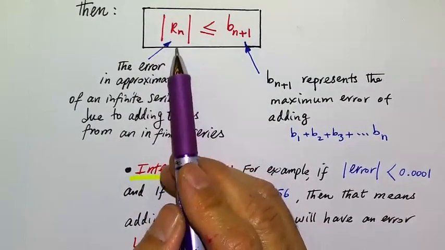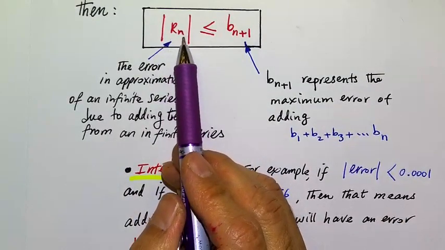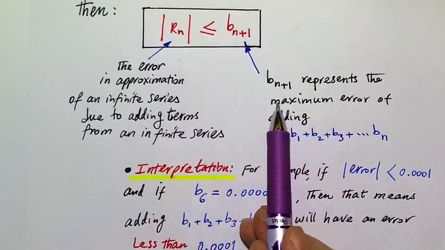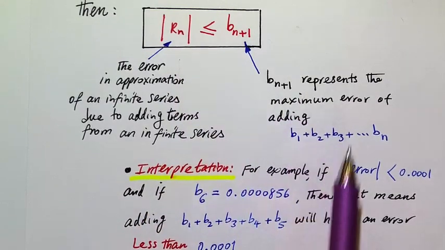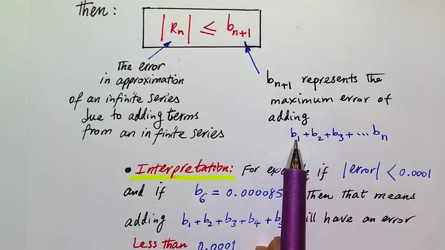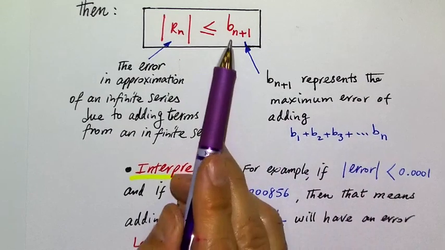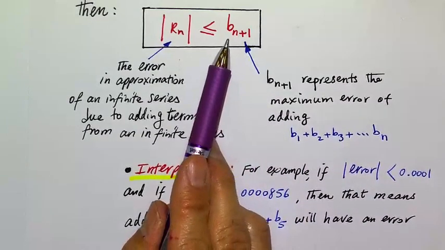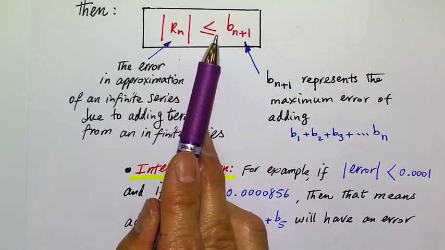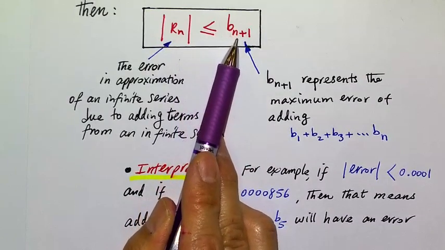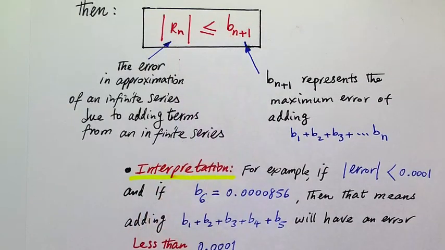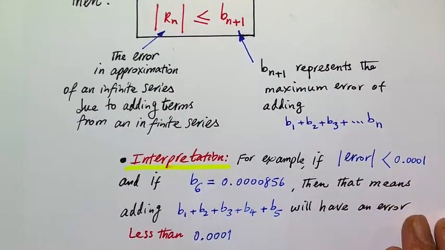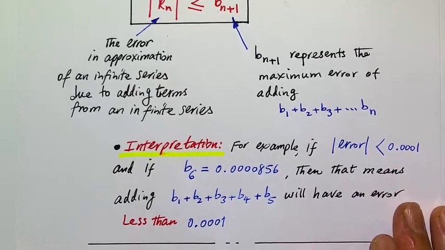It's saying that that error is less than or equal to a certain value of b n, such that if we add b1 through bn before that, we will get an error that is less than or equal to that amount. I mean, this is harder to describe than actually do in practice. That's why I can't wait until we get to the examples.